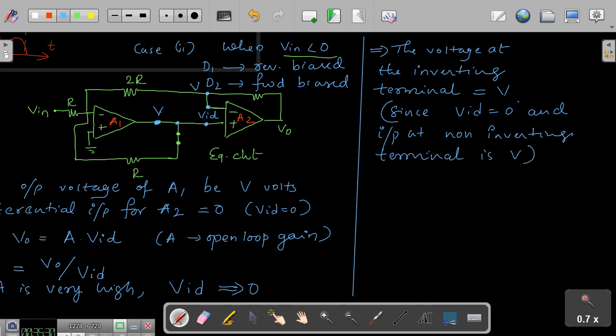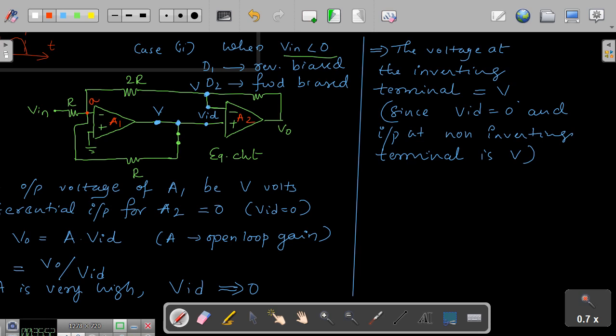Now, when that is the case, this point is also V. Let me call this point small a. All of you look here.